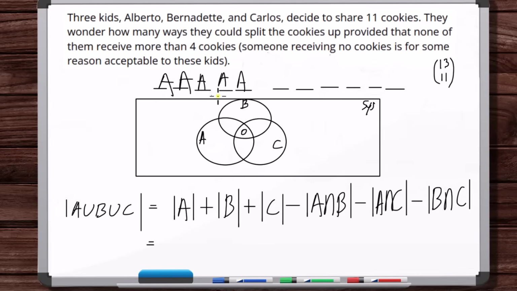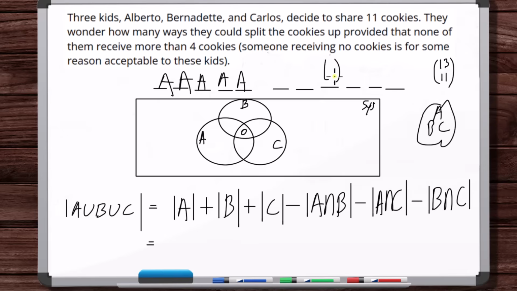You could put these 5 Albertos wherever you want. So all we're asking is now choosing from A, B, C. We could make Alberto get the rest of the 6 cookies. It doesn't matter, right? What's the number of combinations for these slots here? It's going to be combinations with repetition here.